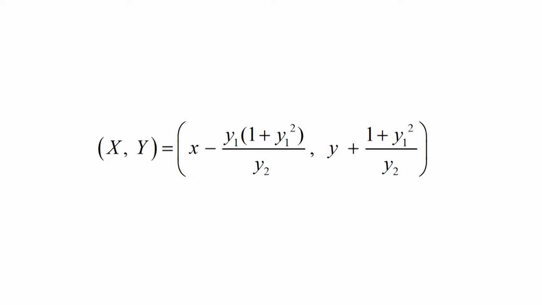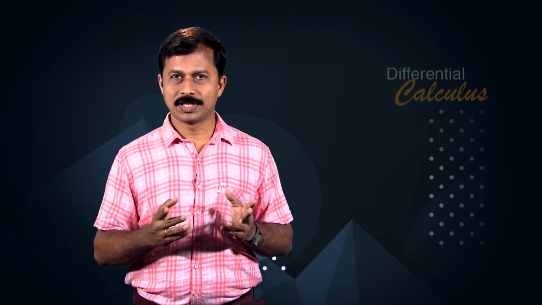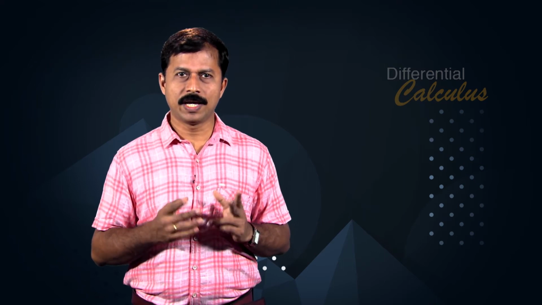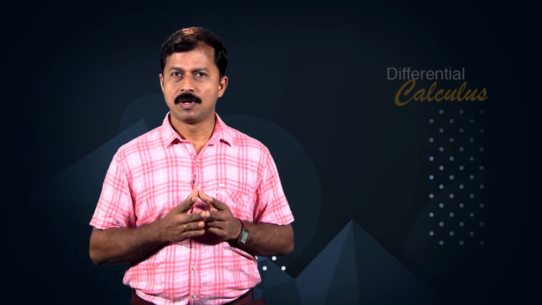So, the center of curvature C with the coordinates (X, Y) is given by the formula (X, Y) is equal to (x minus y1 times (1 plus y1 square) by y2, y plus (1 plus y1 square) by y2).